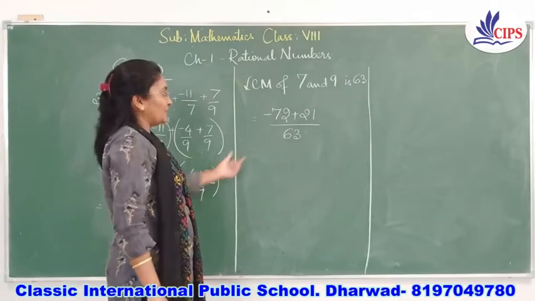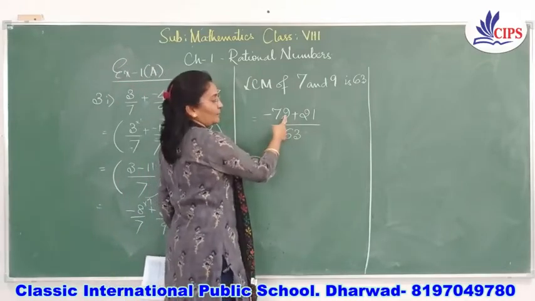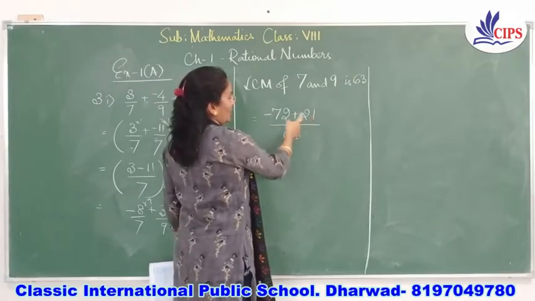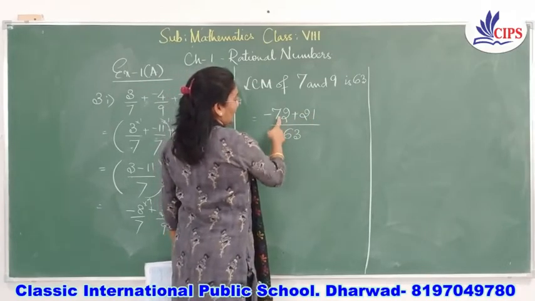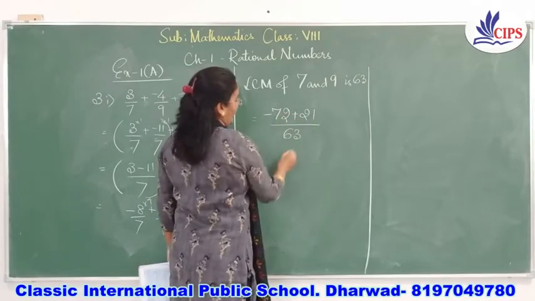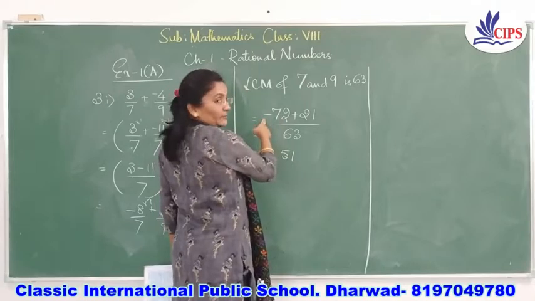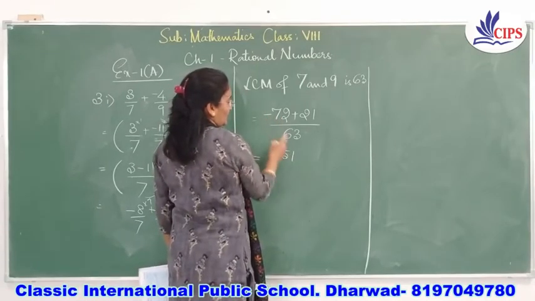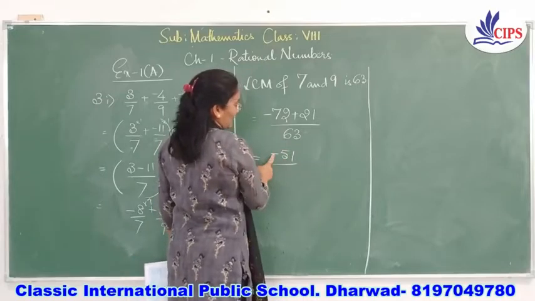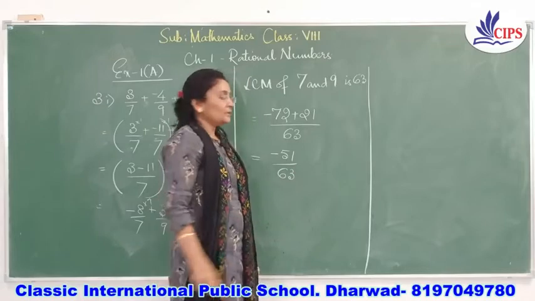So we have multiplied the numerators, and now we have got one negative number and one positive number. So we have to subtract these both. 72 minus 21, how much do we get? We get 51. As 72 is the greater number and it has the negative sign, I'll put a negative sign for 51, and I'll write the denominator, that is 63.